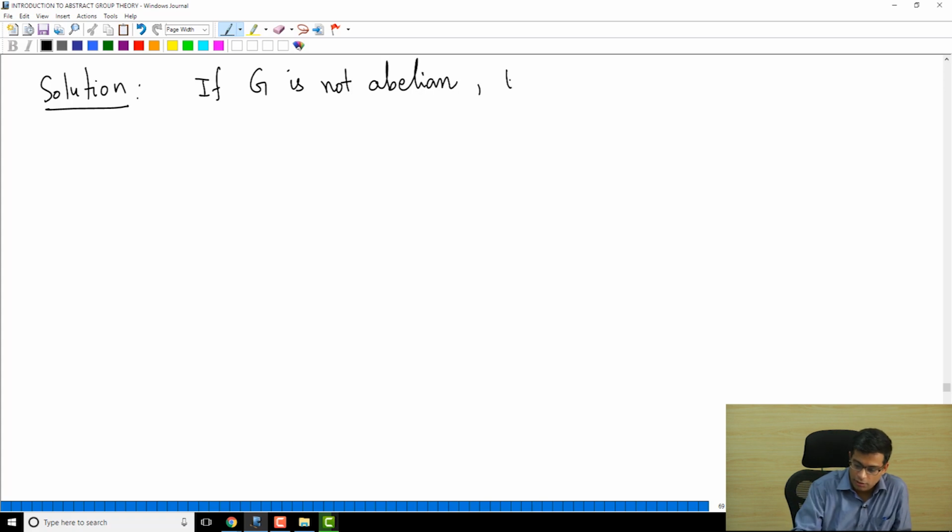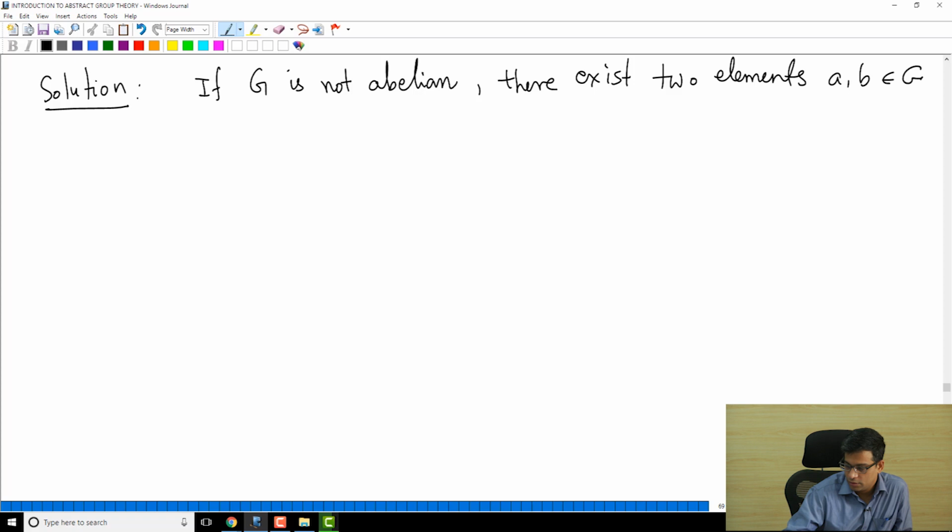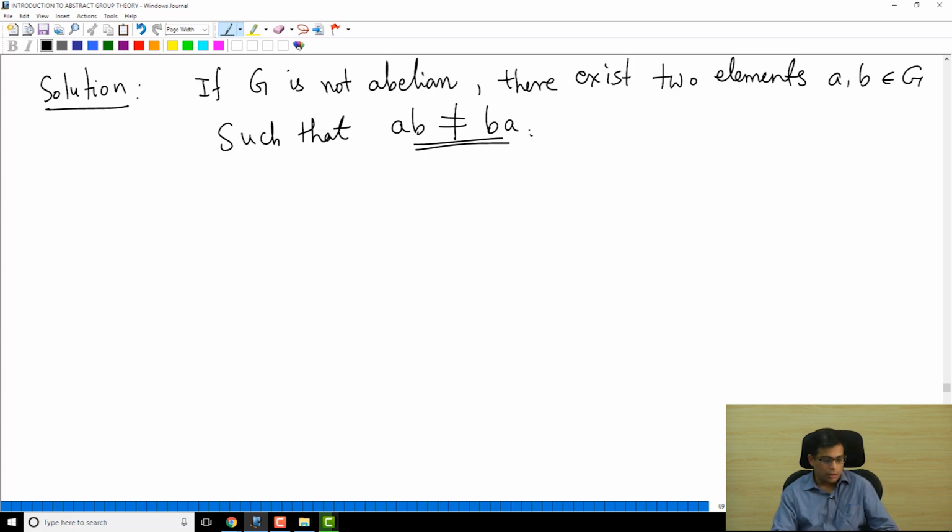If G is not abelian, there exist 2 elements, let us say A, B in G, which do not commute with each other, such that AB is not equal to BA. The goal for us in this solution is to show that if a group has 5 or fewer elements, 5 is too small a number to admit 2 elements which do not commute with each other.